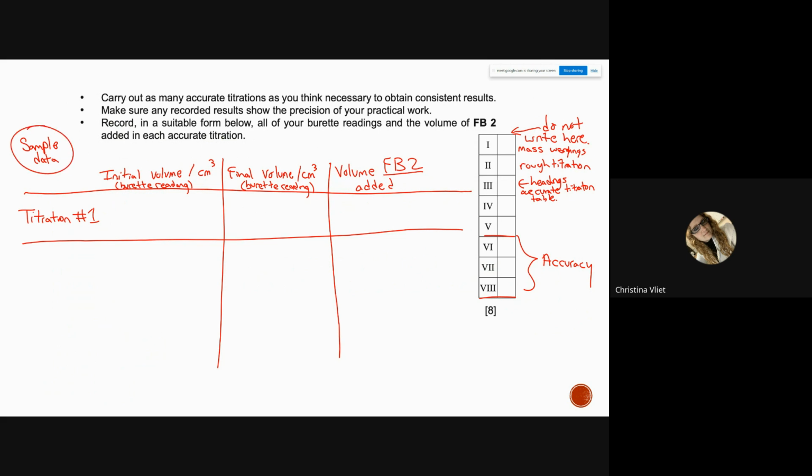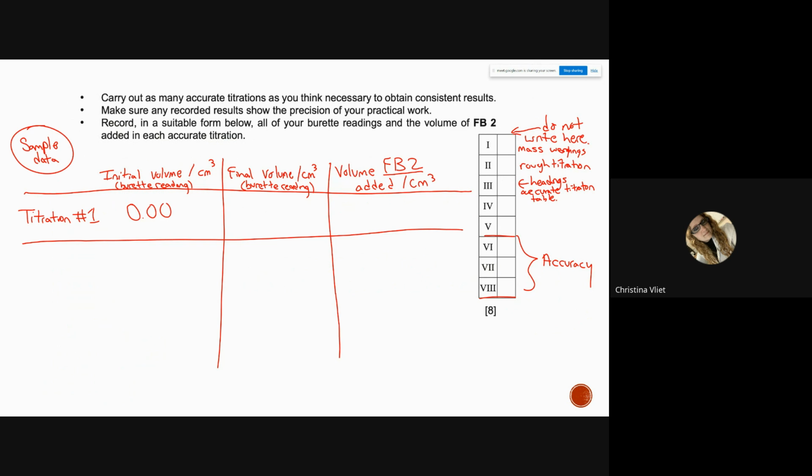Where should we start our initial volume? We want to be very precise: 0.00. Do I have to put centimeters cubed in this box if I already put it at the top? I don't. I only have to put it either at the top, or if I don't put it at the top, then I have to put it in every box.